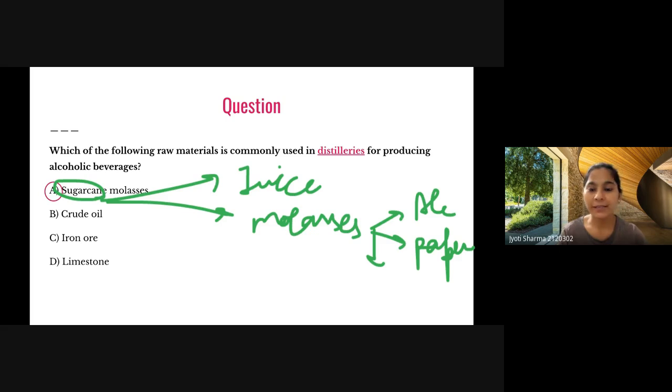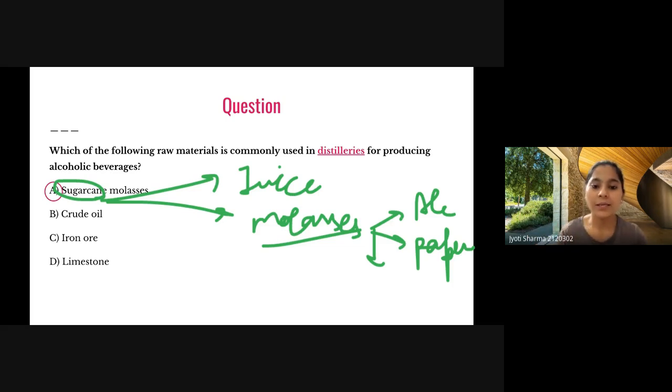We can also spread it in farmland, so that moisture is not removed from the soil. So there are a lot of uses of this molasses, which remains after juice extraction, right?